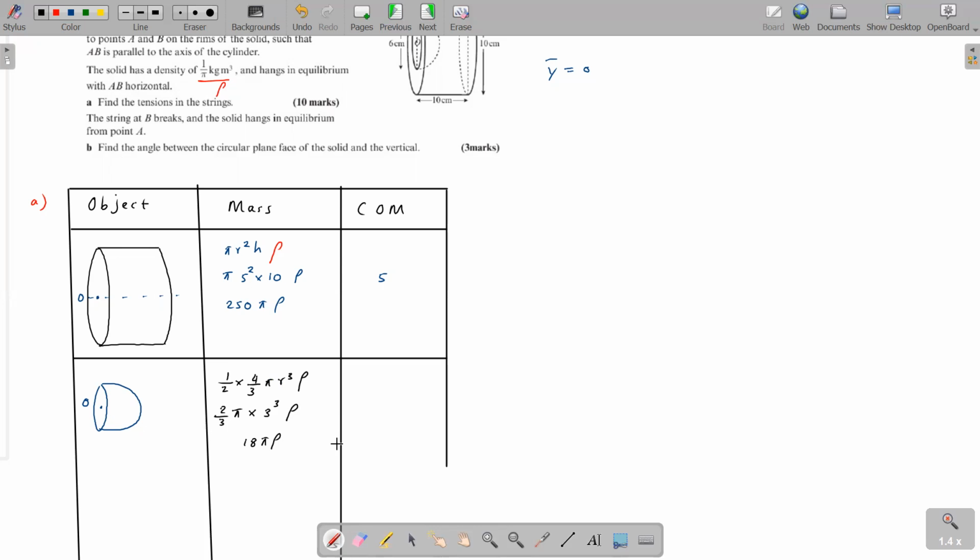Right, guys? Do you agree? So 18 pi rho, and the center of mass of the hemisphere is going to be at a distance 3r/8 from O, right? So 3r/8. The radius is going to be 3 centimeters, so 3 times 3, 9, 9/8. Do you agree, guys?